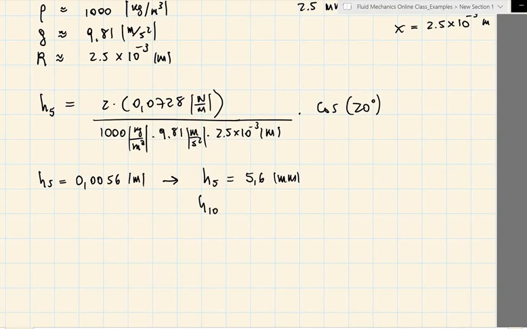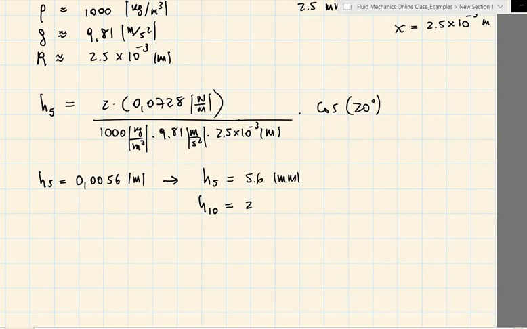Now, if we do the same for 10, let me just do a rapid computation. So this is H10, or the height for a tube diameter of 10 millimeters. See, we're changing the diameter every time, and when we have a bigger diameter, the height that the capillarity produces is different.